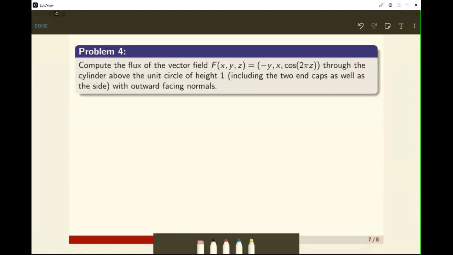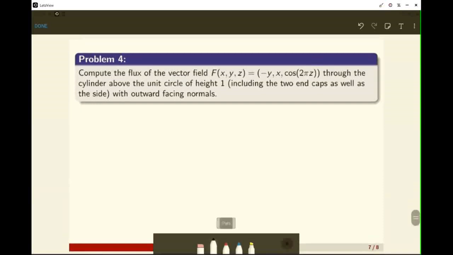And so here we've got this vector field, we've got a cylinder lying above the unit circle, and we want to compute the flux of this vector field through the boundary of that cylinder. So through the upper and lower end caps, as well as the lateral surface.